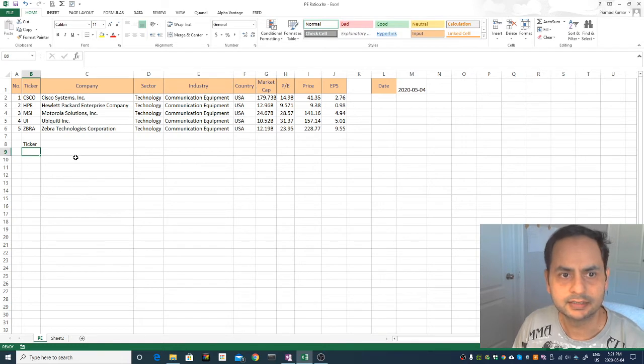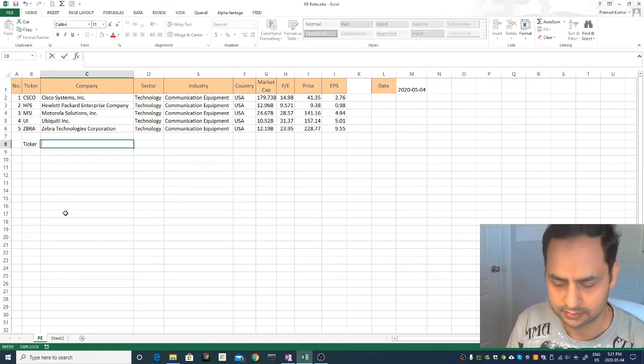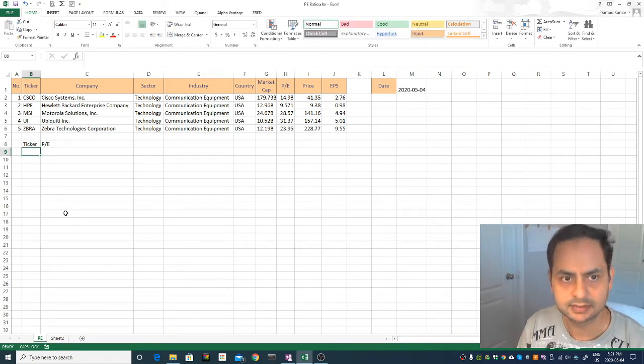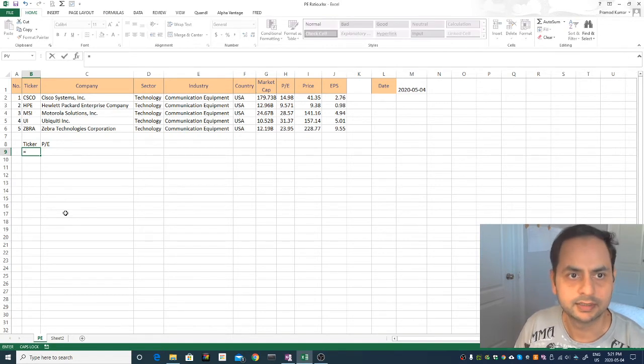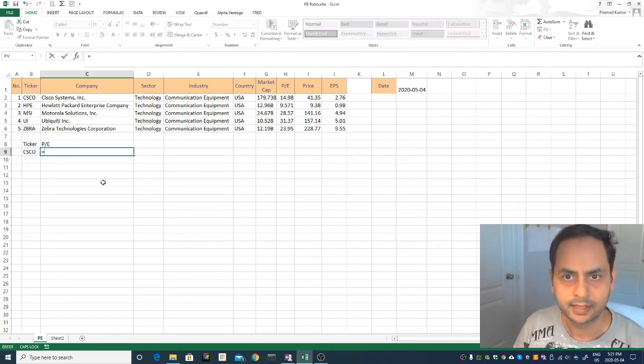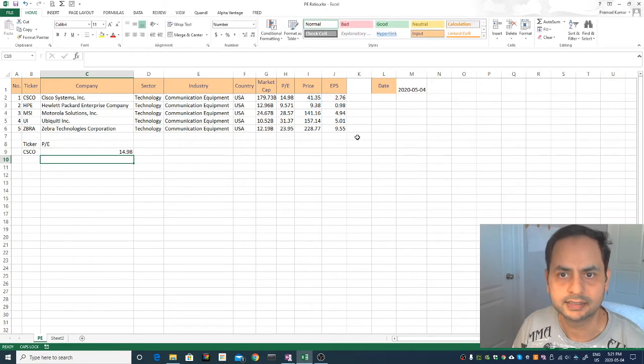Here I'll take this one, and as the formula says, I'll take this one from here. I'm a little bit lazy to write it down. This is nothing but the price divided by its earnings. That's it.